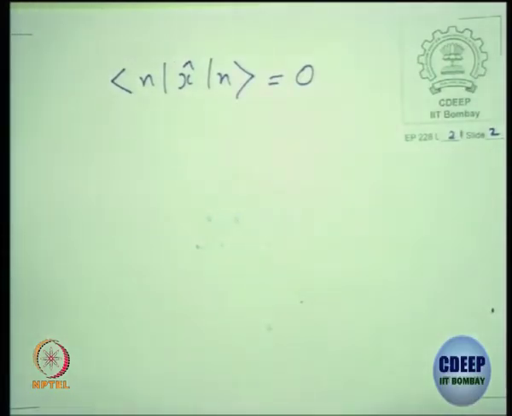So here we did not do the explicit calculation of finding the expectation value which you did in the wave function formalism. Without even doing that, we could say that the expectation value is 0, right?